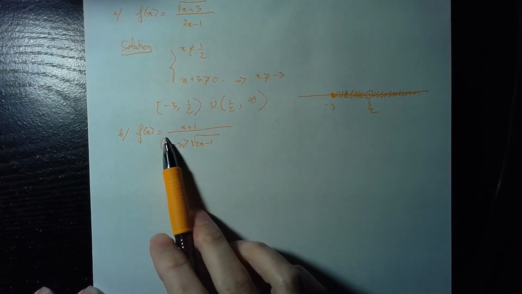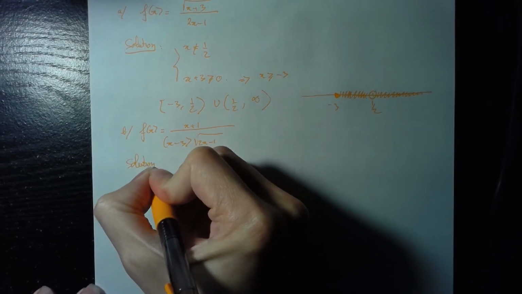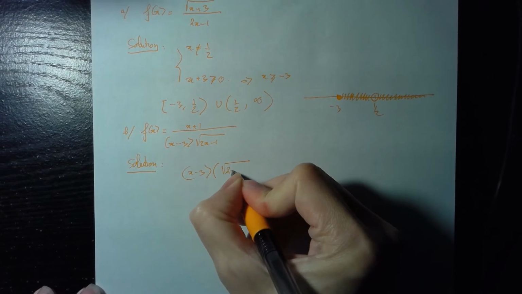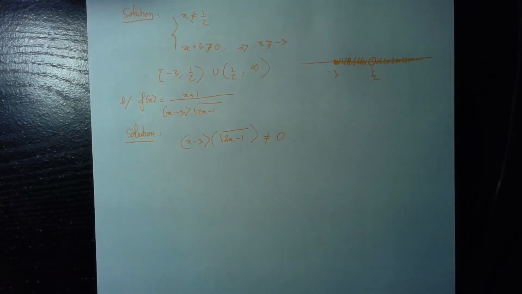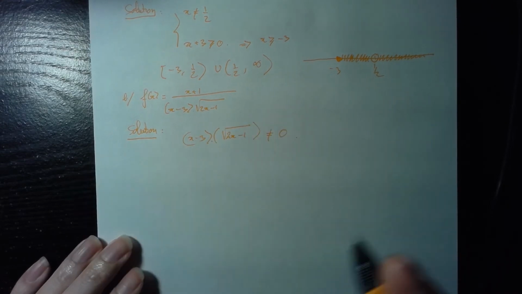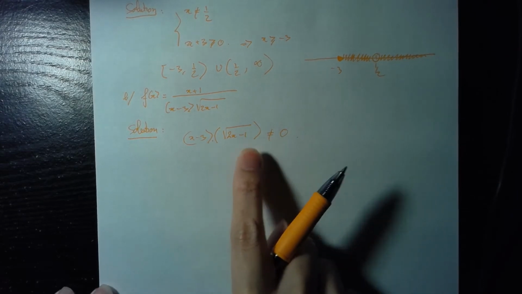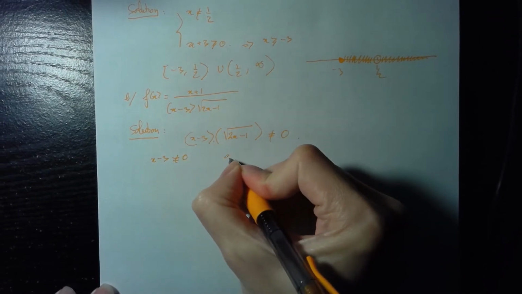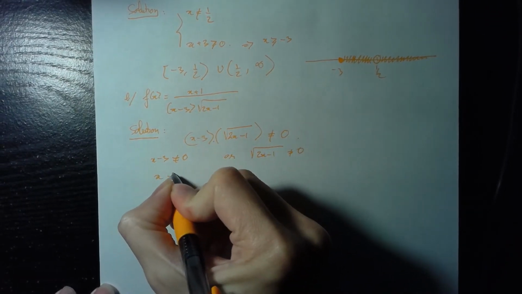So again, the bottom cannot be 0, so I'm going to write x minus 3 and 2x minus 1 cannot be equal to 0. Because if it is 0, then it cannot be the bottom. And I apply the zero property, I have this, and I solve for the x value.